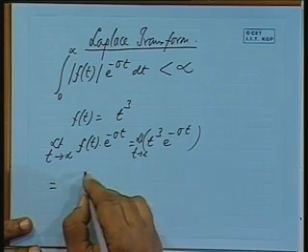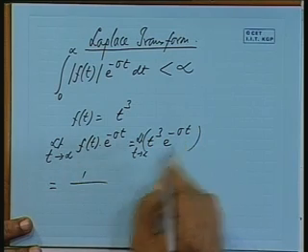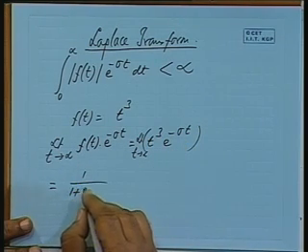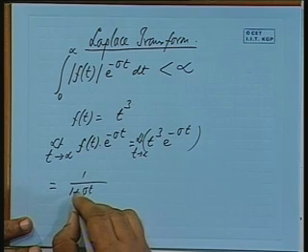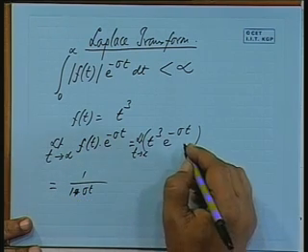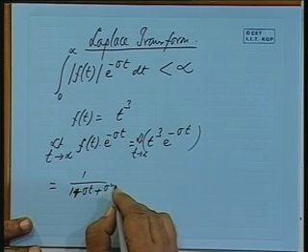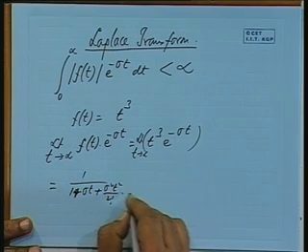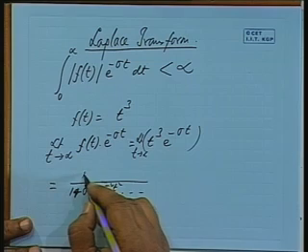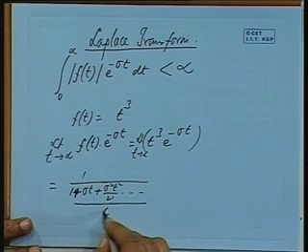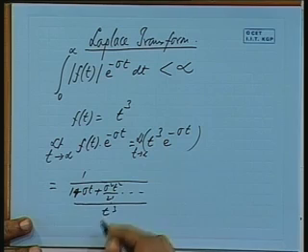I can always write e to the power sigma t as 1 plus sigma t plus sigma squared t squared by factorial 2 and so on, and the t cubed on the numerator can be brought down here.